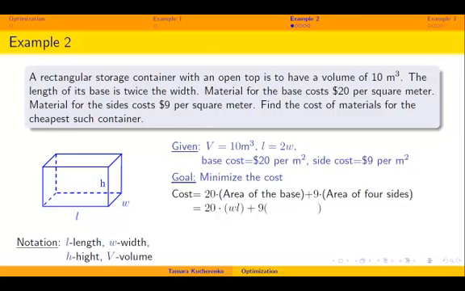Thus the area of 4 sides is 2 times L times H plus 2 times W times H.